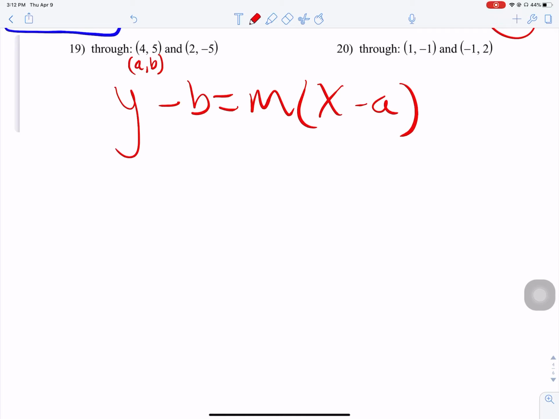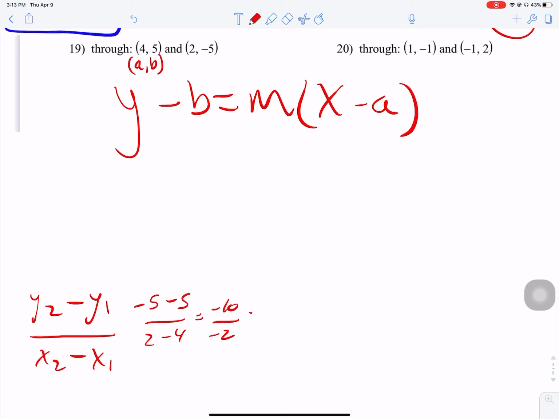All right. Now we did figure out the slope for both of these, which I'm assuming we just forgot. And that's okay, right? I don't mind doing the math again. Okay. X, y, negative 5 minus 5 over 2 minus 4, negative 10 over negative 2, which is 5.